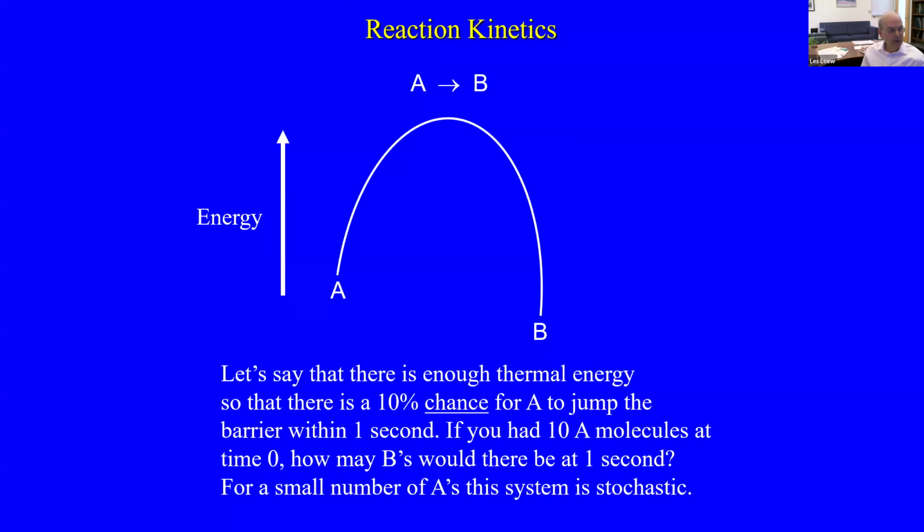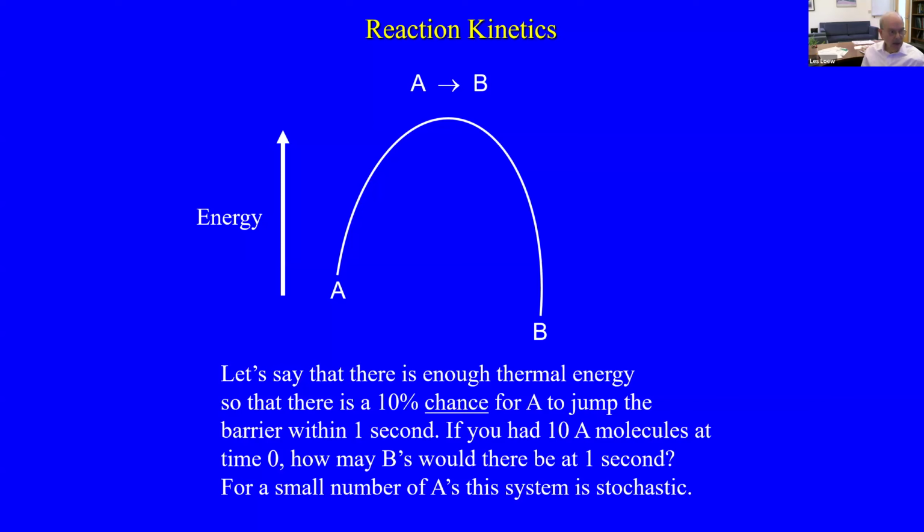So let's say that for this particular transformation, A going to B, there's a 10% chance for A to jump the barrier within 1 second. And that's a rate constant. That means that the rate constant is 0.1 per second.